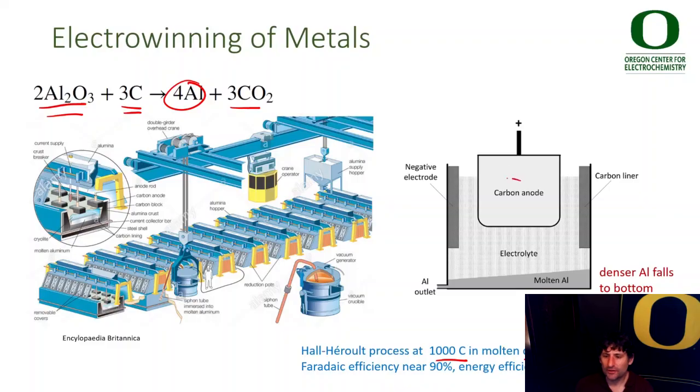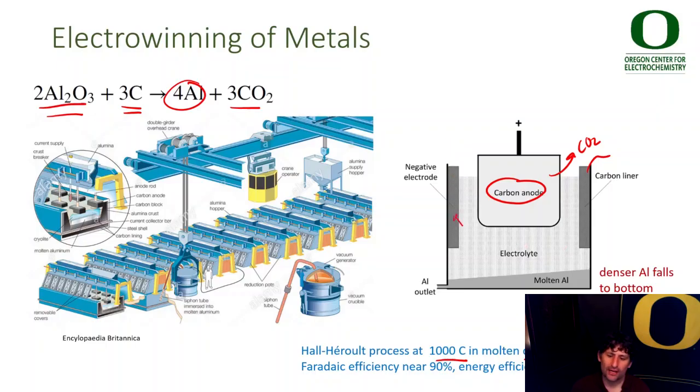So one electrode, the anode, is carbon, and that's going to get sacrificially oxidized to make CO2. This is done in a carbon liner cell with carbon negative electrodes. Carbon's used for all the electrodes because it's one of the few things that's very stable and scalable to manufacture at these very high temperatures.